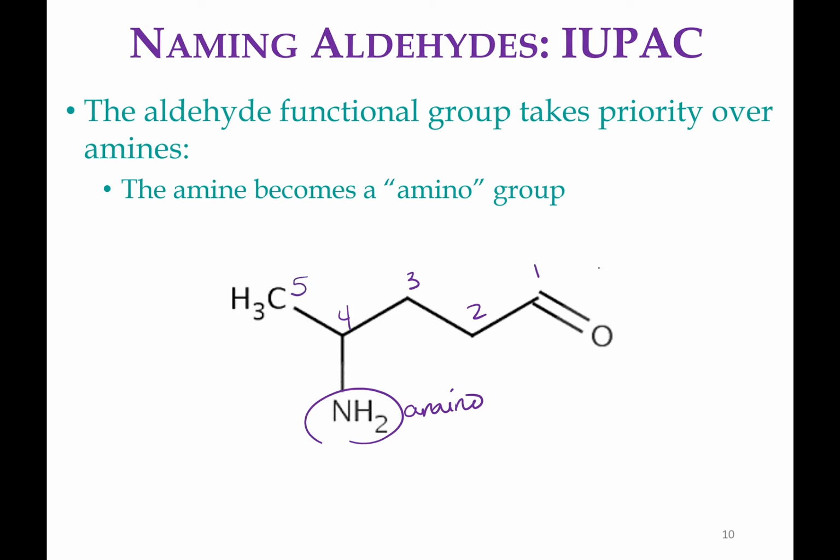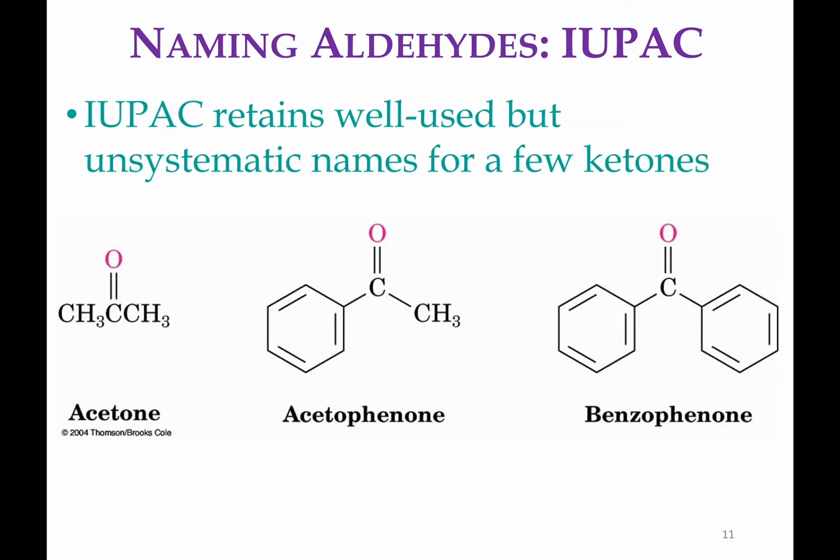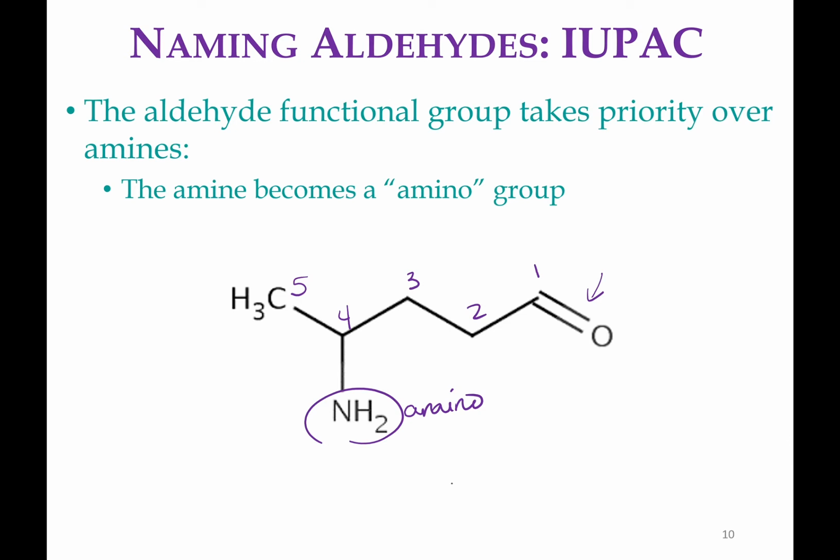This is going to be pentane, becomes pentanal. Okay, so this was pentane, pent, and al. I have an amino group at number 4, so 4-amino pentanal.